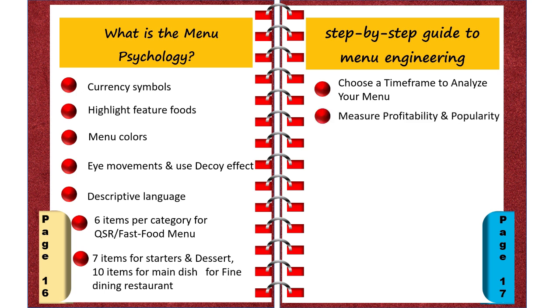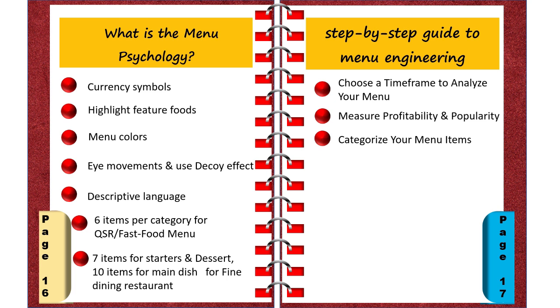Measure the profitability and popularity that we have done in our previous session. In the Excel sheet we discussed popularity and profitability, contribution margin, food cost, and we judged each and every dish, and accordingly placed them in different categories, either star, plow horse, puzzle or dog. That can be done on the basis of these two parameters, profitability and popularity.